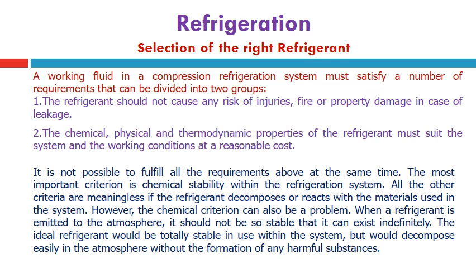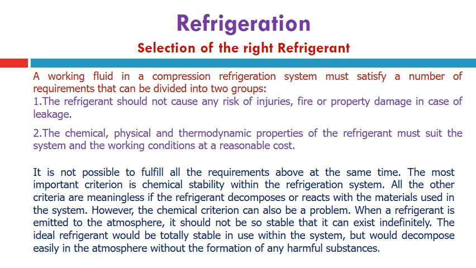It is not possible to fulfill all the requirements above at the same time. The most important criterion is chemical stability within the refrigeration system, and all other criteria are meaningless if the refrigerant decomposes or reacts with the material used in the system.